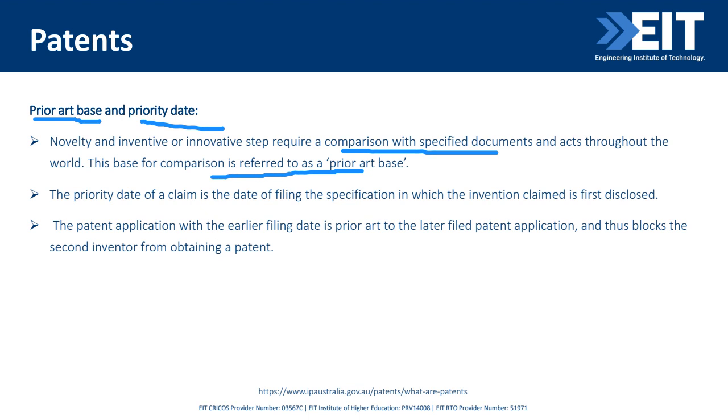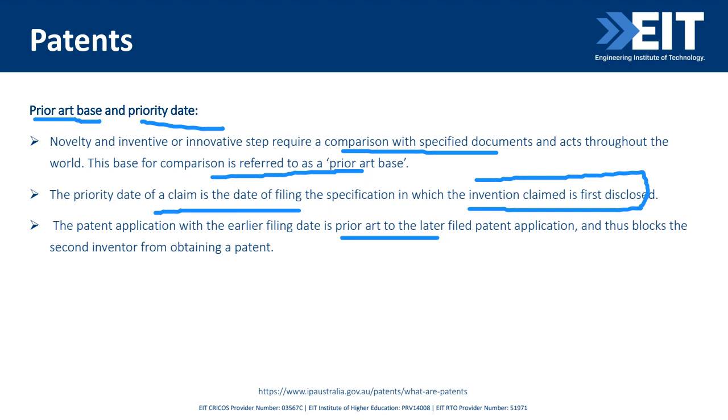Priority date, I already mentioned, but I'll repeat it here: it's the date of claim or the date of filing the specifications of your patent. The moment when your invention claims were first disclosed is the priority date for your patent application. Any patent application with an earlier filing date will become prior art to the later filed patent application.